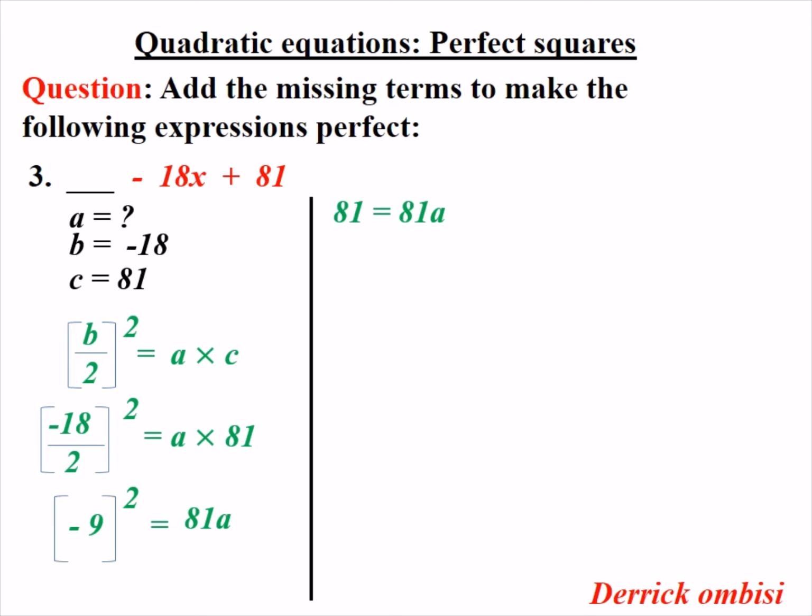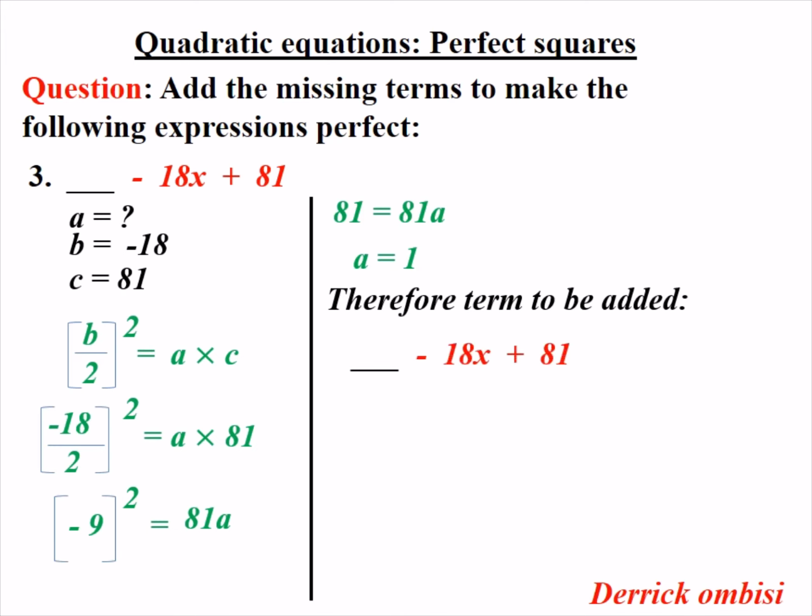Divide both sides by 81 and you find that a equals 1. Therefore, the term to be added to this expression to make it a perfect square is 1x squared, and 1x squared is just x squared. That's how you determine whether a certain expression is a perfect square or not.